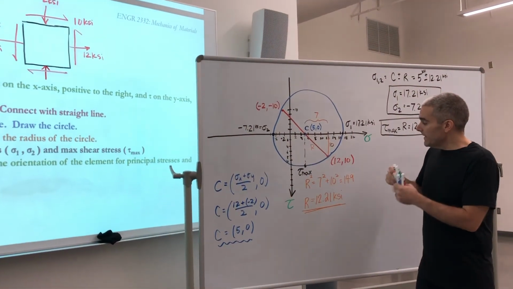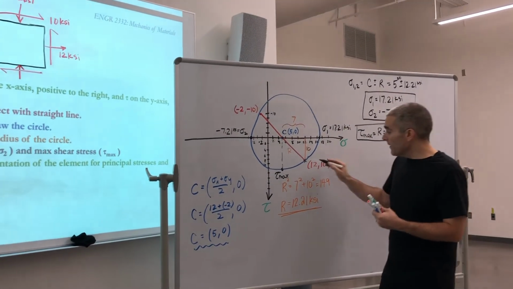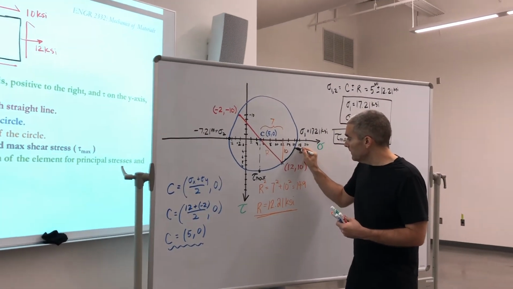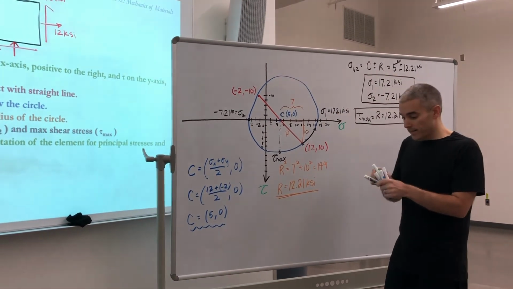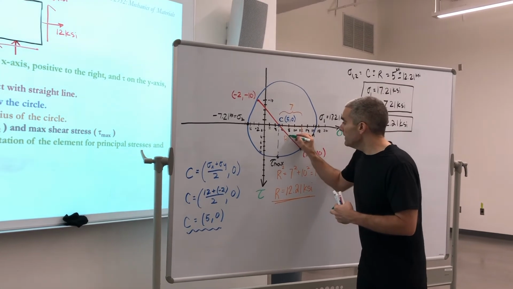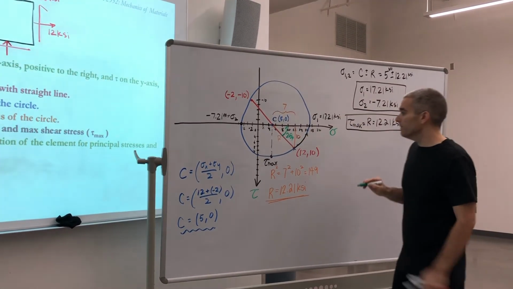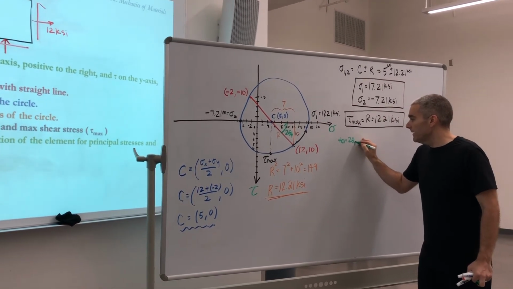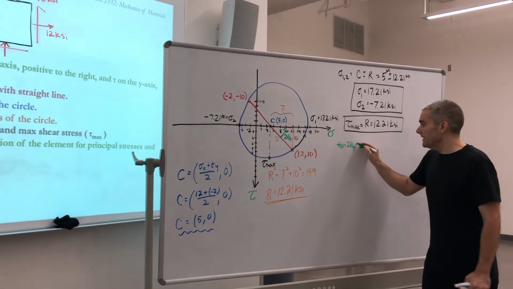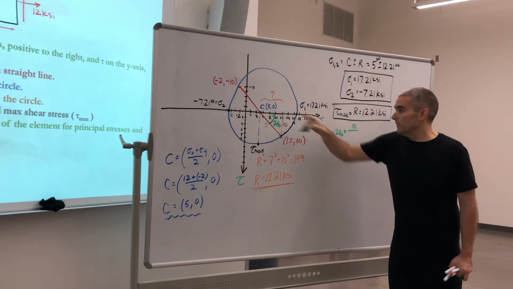I started at sigma x of 12, and I'm going to rotate on my circle counterclockwise through this angle that I call 2 theta p. So if I set tangent 2 theta p equal to opposite over adjacent, that's going to be 10/7.